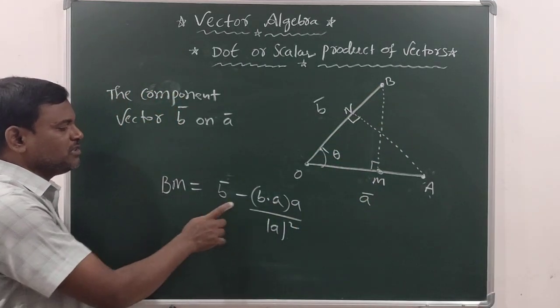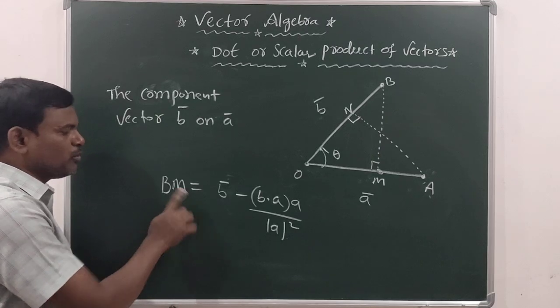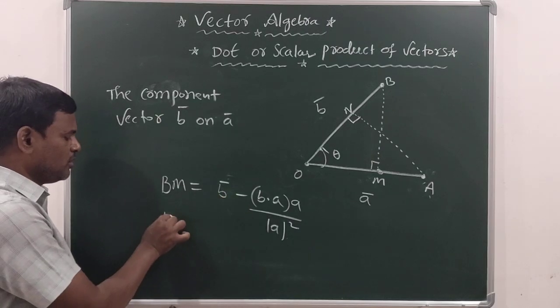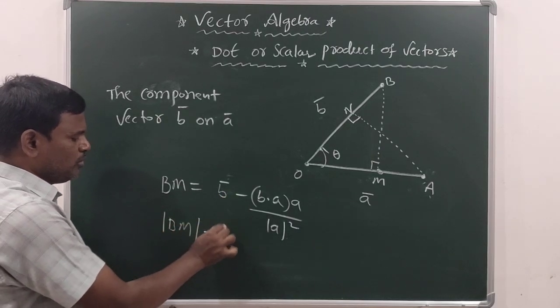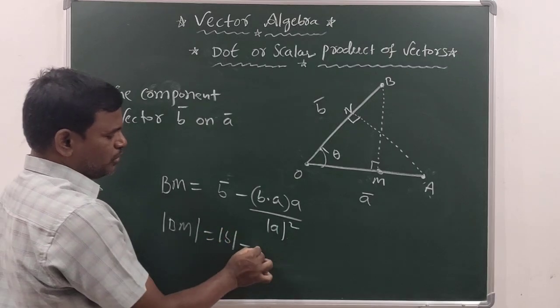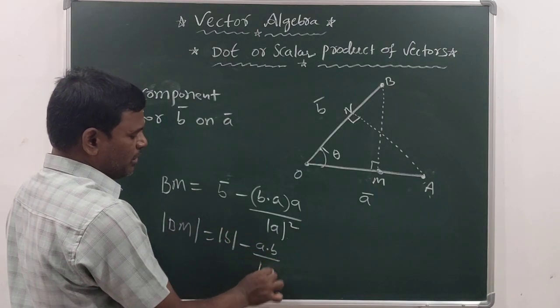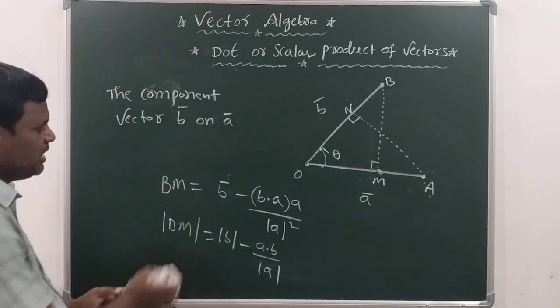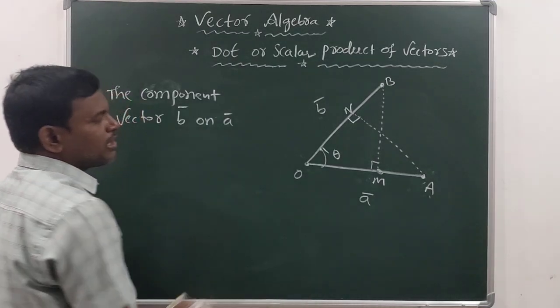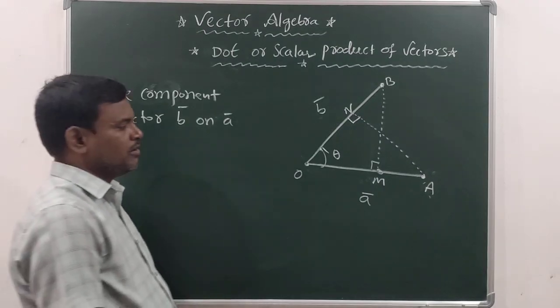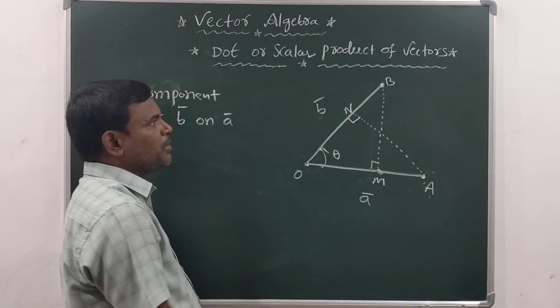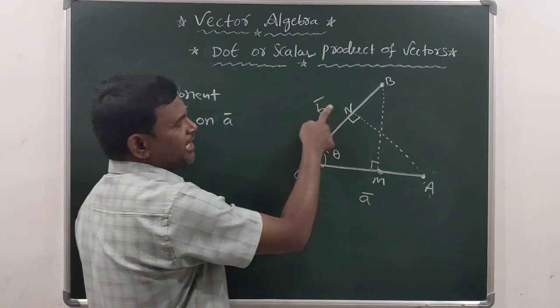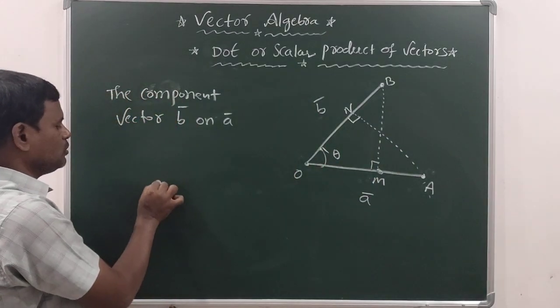Now if you want the magnitude of this vector, you have to apply mod on both sides. Mod of BM is equal to mod B minus, so here you will get A dot B by mod A. In the same manner, the projection of A perpendicular to B means AN. How do you get AN also?